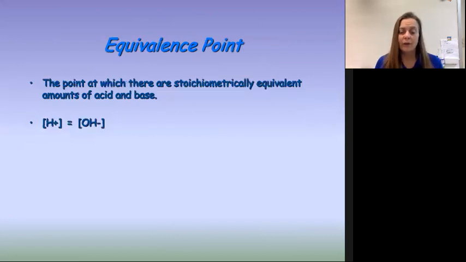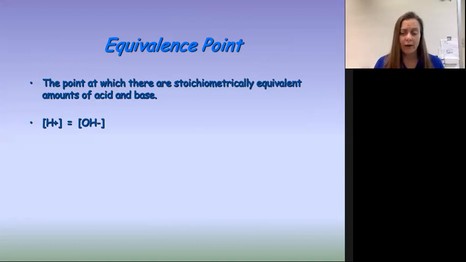We rely on the idea that we reach the equivalence point, and we can tell when we get to the equivalence point because we are using some sort of an indicator, and we're going to talk about those indicators. The equivalence point is the point where you've added equivalent amounts of acid and base. So your hydrogen ion concentration equals your hydroxide ion concentration, which means we have water.